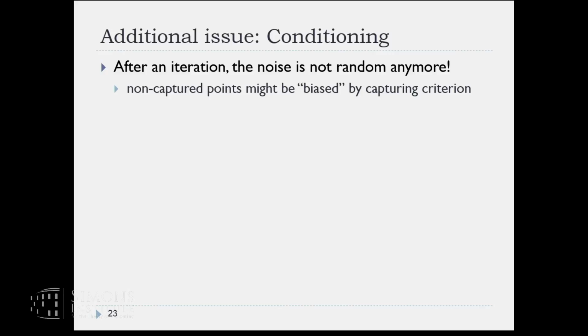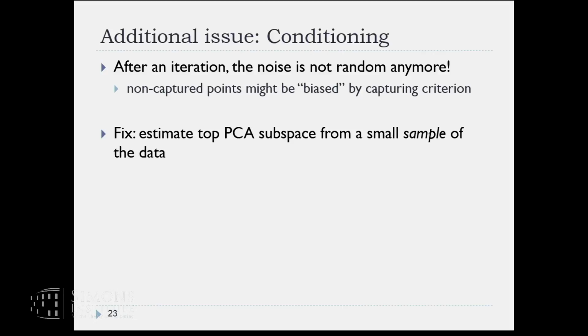Here are two minor but important issues to complete the analysis. One is if you do it iteratively, the first iteration we analyzed with this model. But just like in Sanjoy's talk, in the second iteration the data is not random. It's affected by the choices of the first iteration, so it's a mess to analyze. Here is a simple fix.